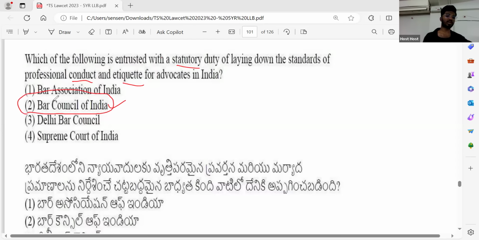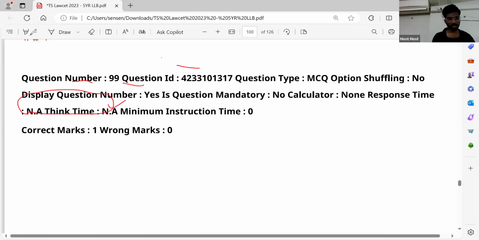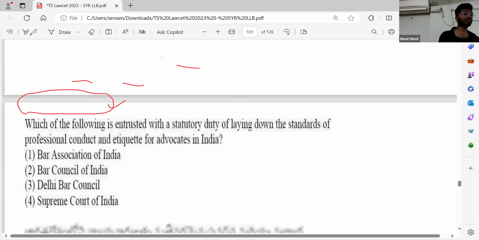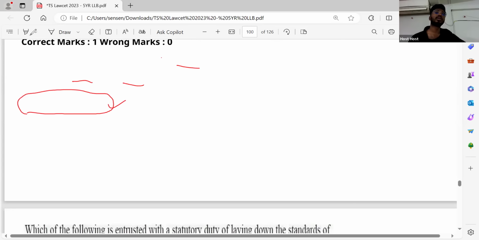Can you just check if the question key is updated in the blue book? Question number 99 in the five-year 2023 question, in the first paper only. Check once whether question number 99 is updated or not. No, you look at the key, 99 key. Not page number 99. First paper, 99th question. What is given?